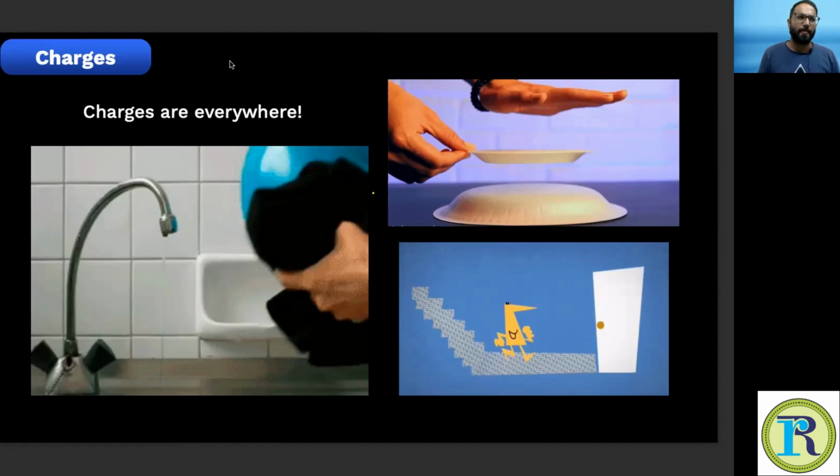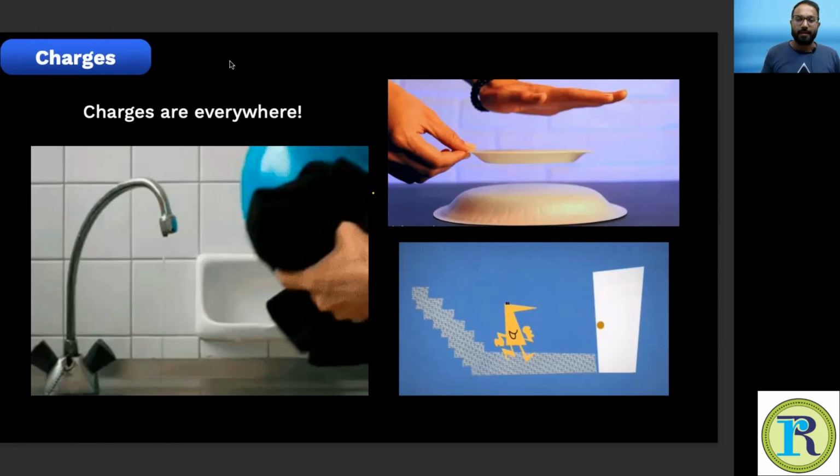In your earlier days, when you placed paper pieces and tried to attract them with a comb, many times they were attracted. Many times when you stand up from a plastic chair, you hear some kind of noise. All these noises are because of electric charge.